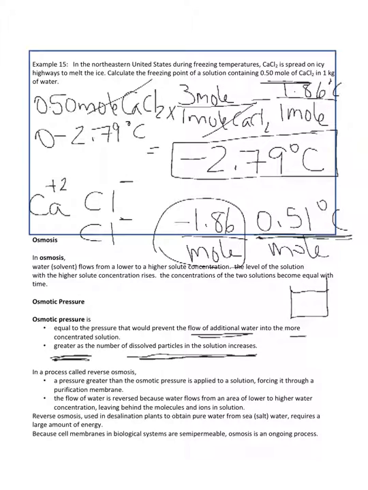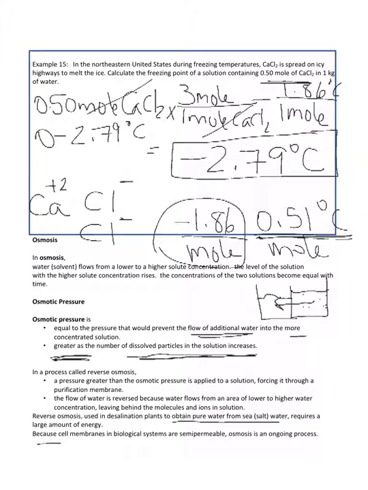You've got your seawater here and your fresh water here, and they're separated by this membrane. You want to force the water through this membrane on this side, leaving the salt behind. So we have to place a pressure on this system to make this happen. This is used in desalination plants to obtain pure water from salt water, but it requires a large amount of energy and isn't really cost effective.